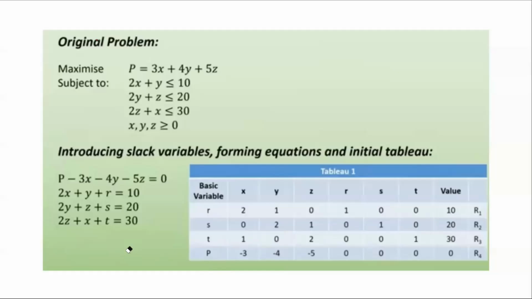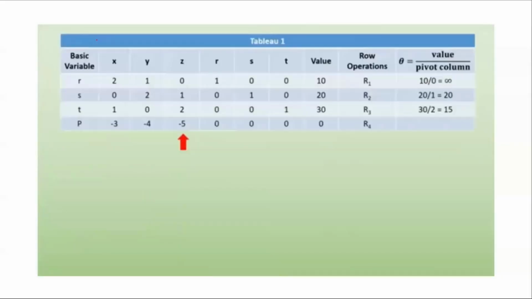But what we do now, we've got to identify our pivot column and all of that. So we look for the column using this bottom row as a gauge. Where do we see the smallest negative number, or the most negative number?